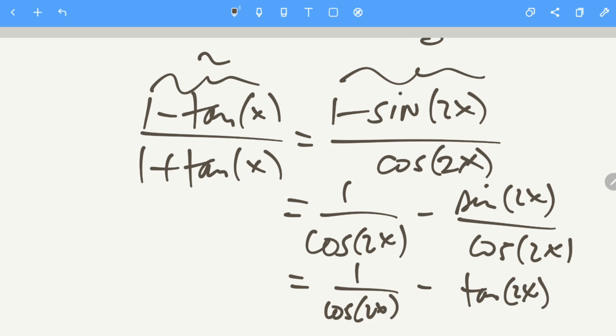Now we have one tangent and 1 over cosine. This 1 over cosine can be expressed in terms of tangent using an identity, and this tangent of 2x can also be expressed as a tangent of x using also an identity, and therefore we can reach our answer.